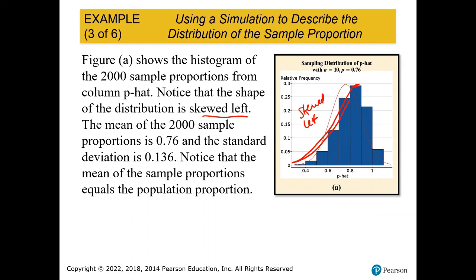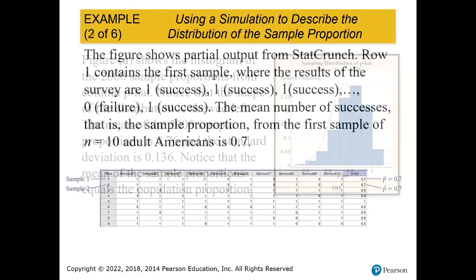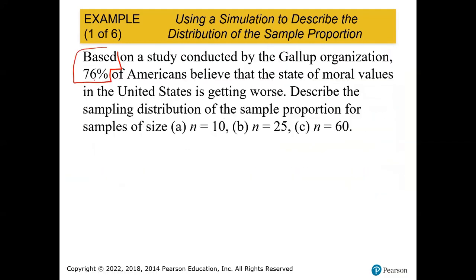Our standard deviation is 0.136. And notice that the mean of the sample proportions matches the mean that we have of the normal curve that is drawn here, 0.76. It also matches what we started with back here, 76%.